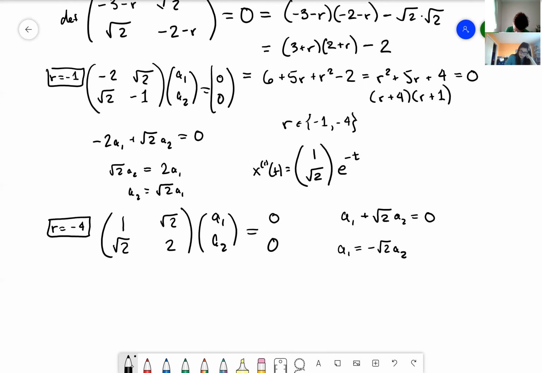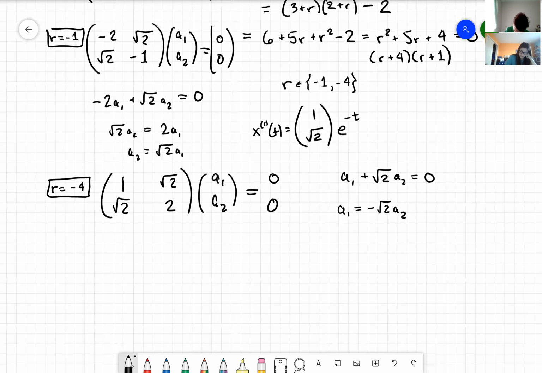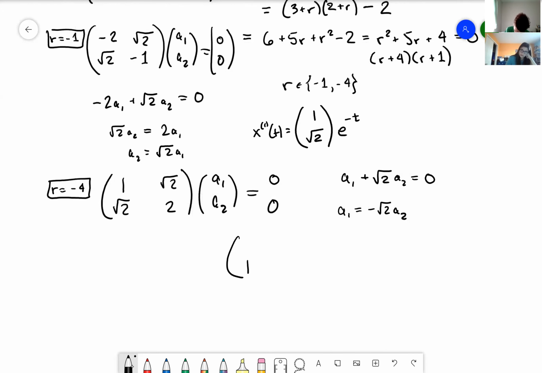And so what I'll get for my eigenvector is a 1 for A2, and that gives me a negative square root of 2 for A1, e to the minus 4t. This is my second solution.